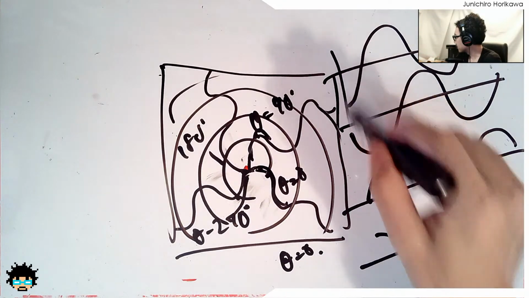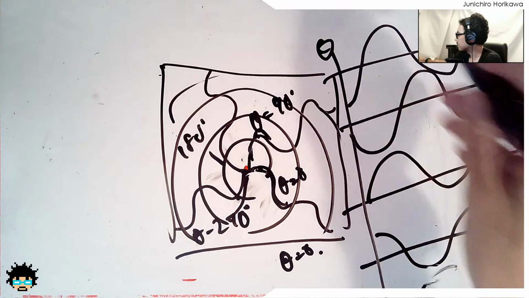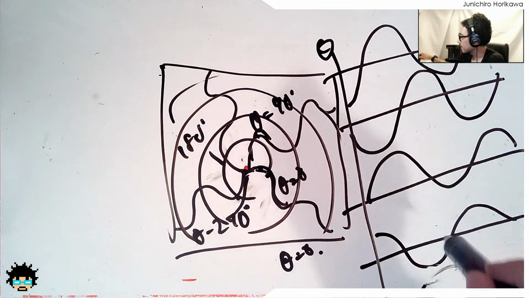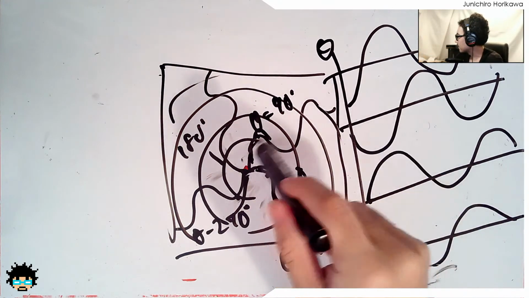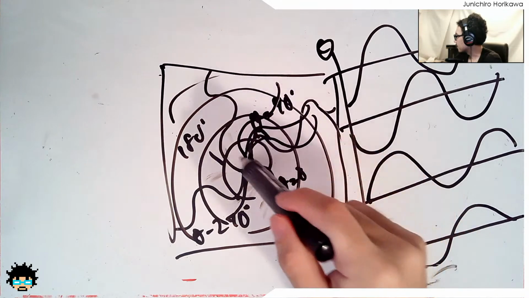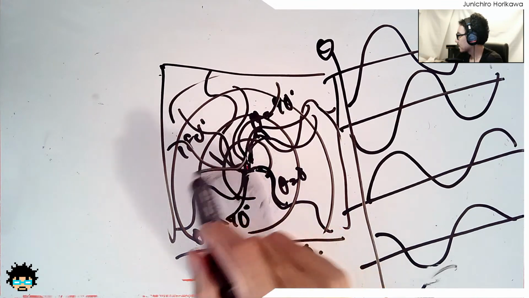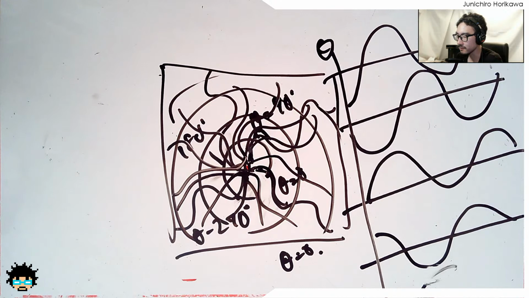So by offsetting the starting angle, you can control the starting height of each sine wave, and by having those offset sine waves at every step in 360 degrees, then you'll probably be able to get a spiral wave. So that's the method that I'm going to follow.